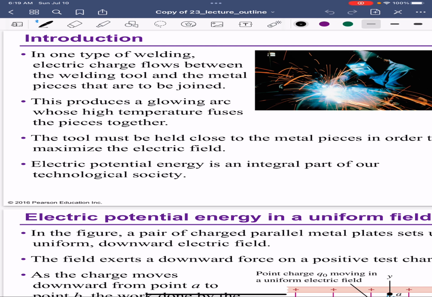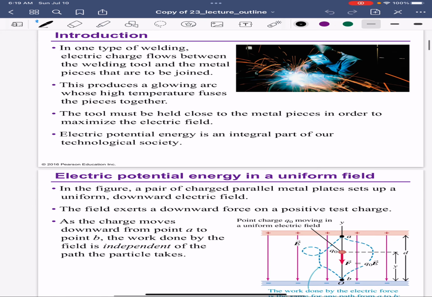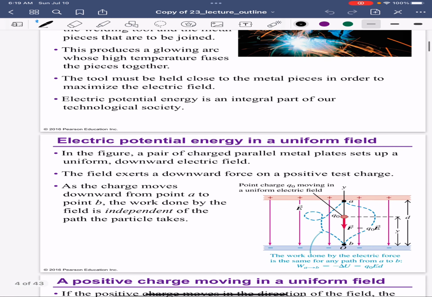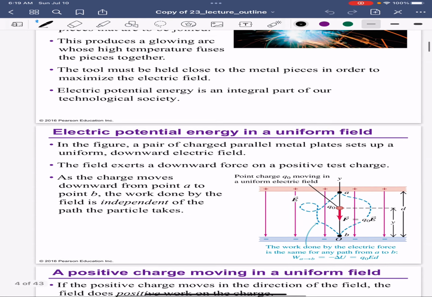The tool must be held close to the metal pieces in order to maximize the electric field. This is how we get to understand the relation between the voltage, which we call the electric potential, and the electric field. Therefore, you're going to see that electric potential energy is really an integral part of our technological society.